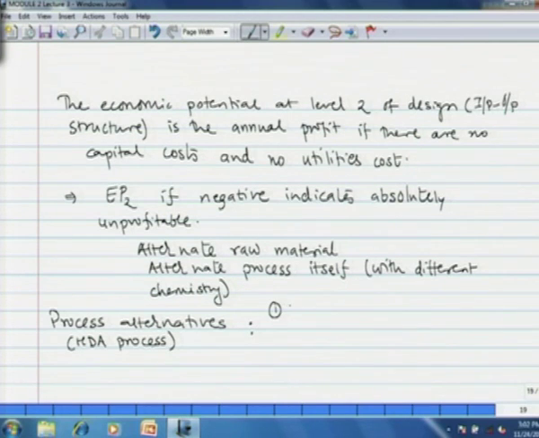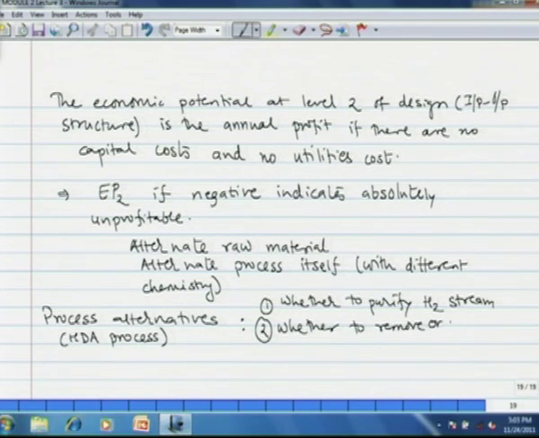First is whether to purify the hydrogen feed stream. Second, whether to remove, recycle diphenyl, and third is whether to purify the hydrogen recycle stream.